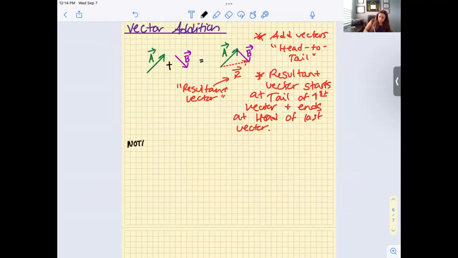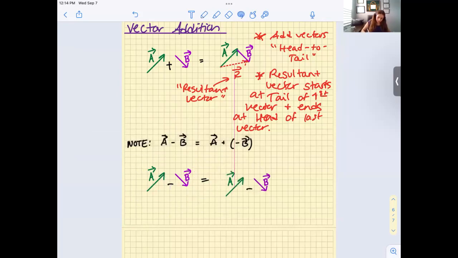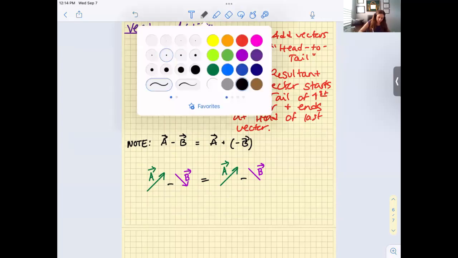And so you should make a note that vector A minus vector B is equal to taking vector A and adding the opposite direction of vector B. So what I mean by that is if instead of addition, I wanted to do subtraction, then really what I mean is flipping around vector B and adding it.